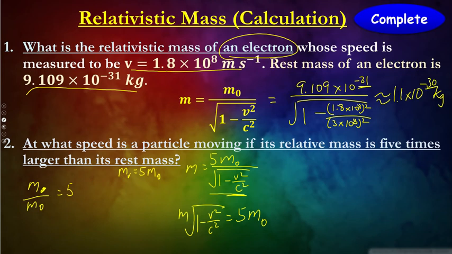So, if I move everything across, we have the square root of 1 minus v squared over c squared equals 5 proper mass over the mass there.